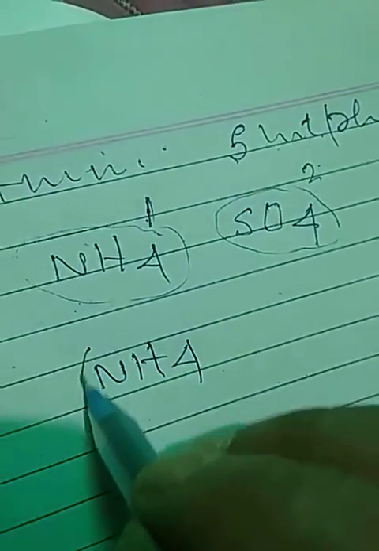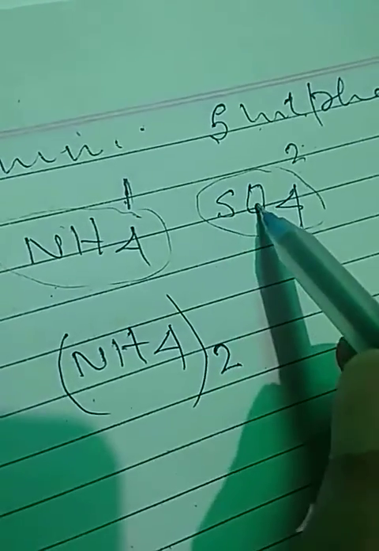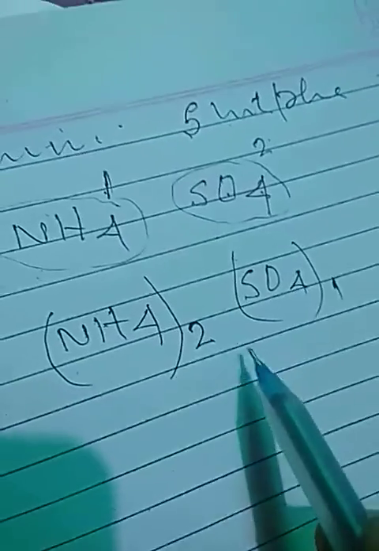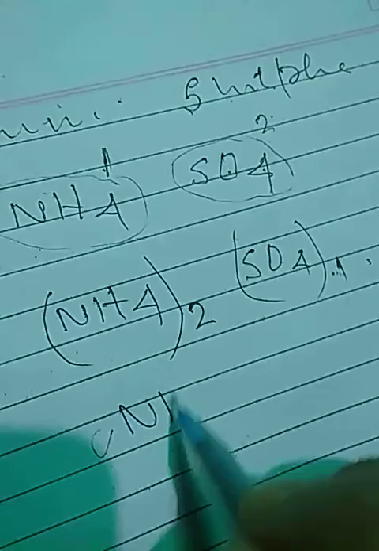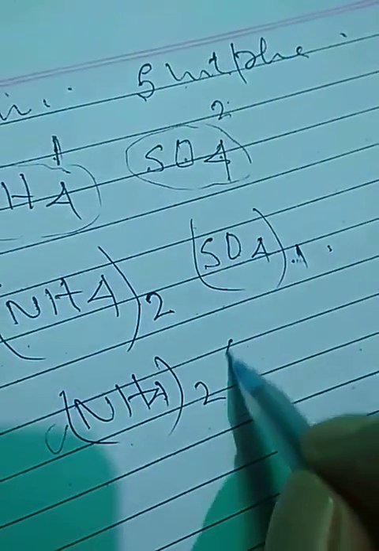Now interchange the valencies. So this one will be NH4, it is a whole, complete unit. So we will write it like this, and SO4 after interchanging it will be 1. Once again we will ignore this 1, so (NH4) whole 2 SO4 will be the formula of ammonium sulfate.